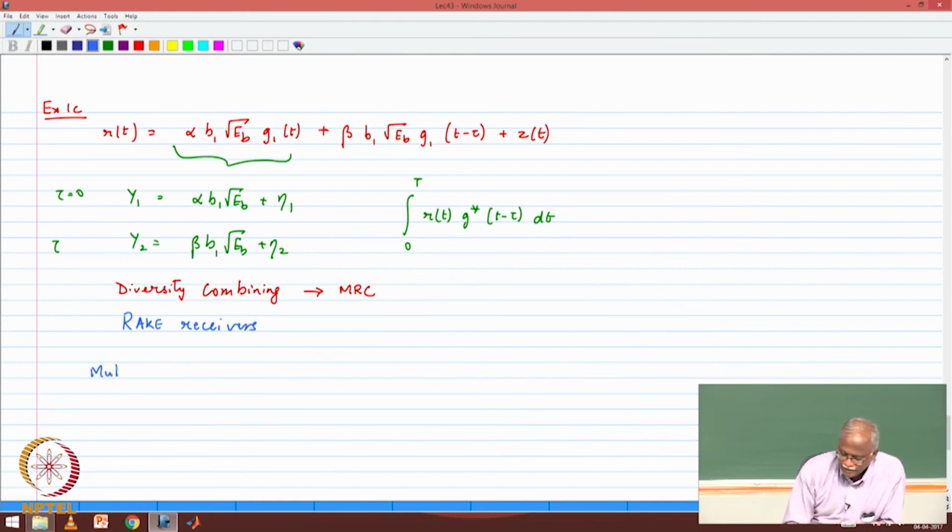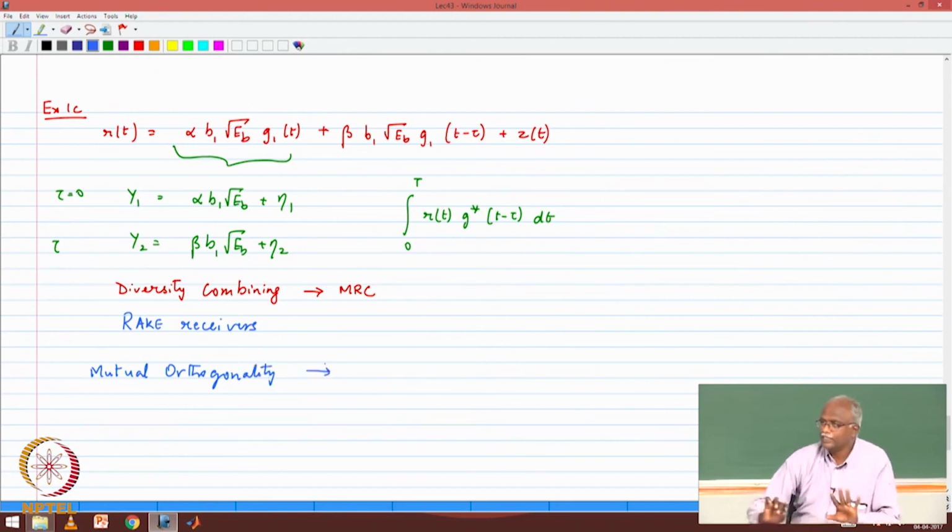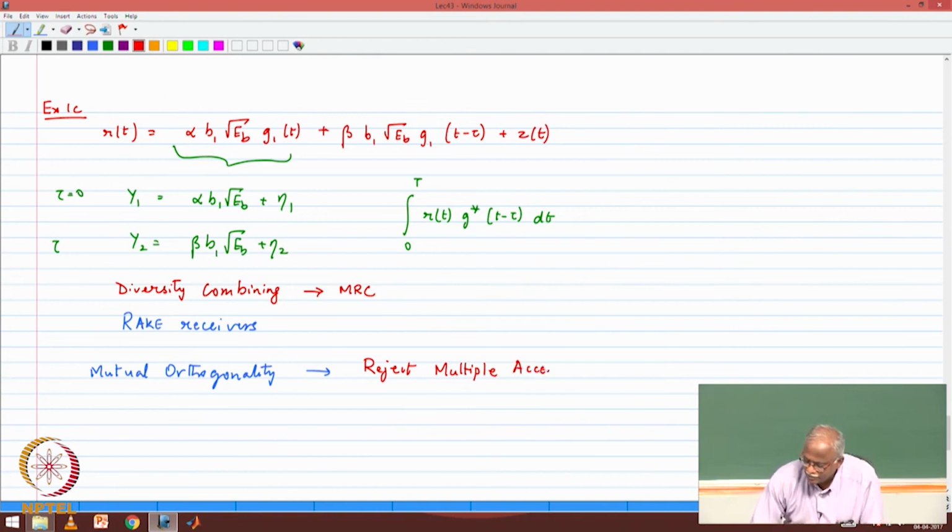Mutual orthogonality is a key feature that will help us deal with multiple access interference. It rejects all other user signals. This one rejects or suppresses multiple access interference, that is the interference caused by other users who are using the channel at the same time.